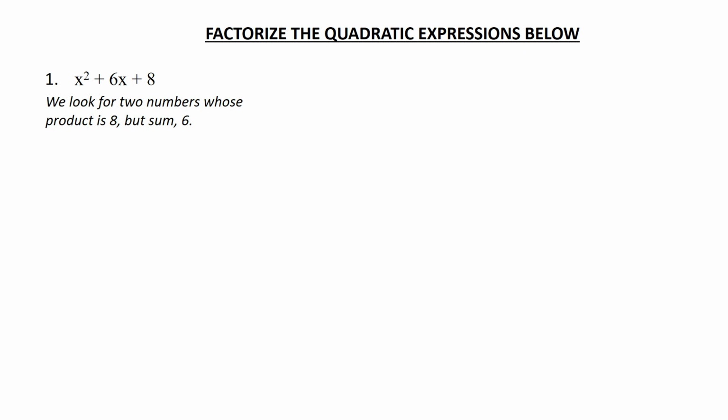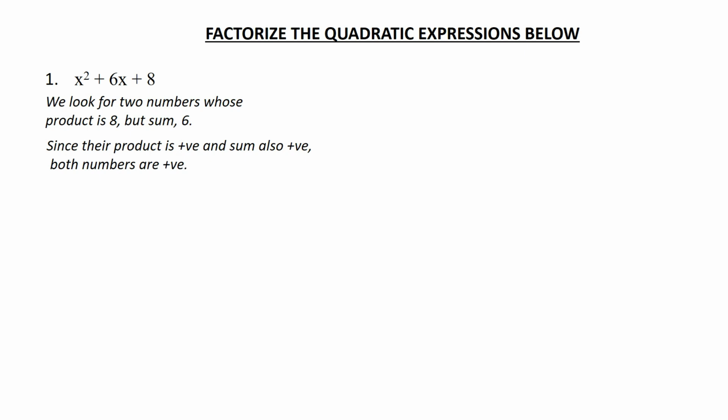So to find them, let us write down any two pairs of numbers that can multiply to give you 8. Normally we expect to start from the lowest. 1 times 8 will give us 8. And secondly, 2 times 4 will give us 8.